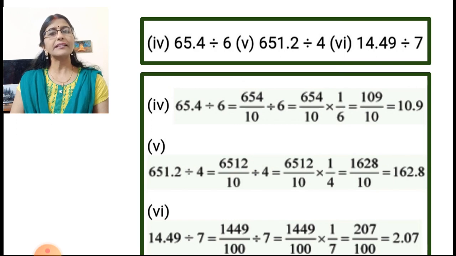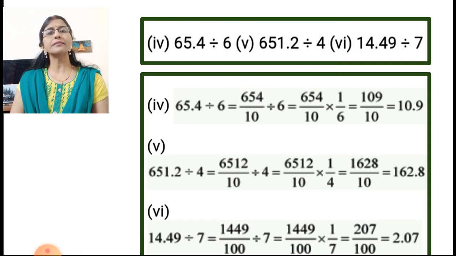you will get 10.9. Similarly, fifth question, 651.2 will convert it into fraction, you will get 6512. Point will be removed because we are multiplying both numerator and denominator by 10, and you will get 6512 upon 10, and then division divided by 4, and then in next step we will convert this division to multiplication, and 4 we have to write in reciprocal form, it will become 1 upon 4, and then we are going to multiply 6512 into 1 and 4.